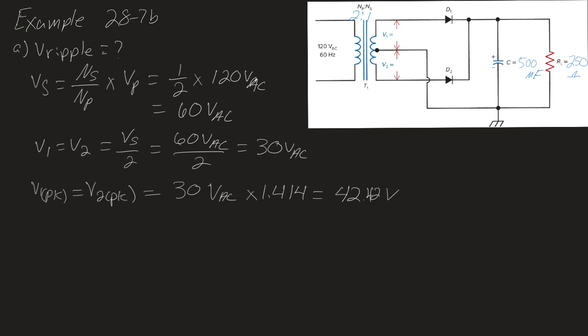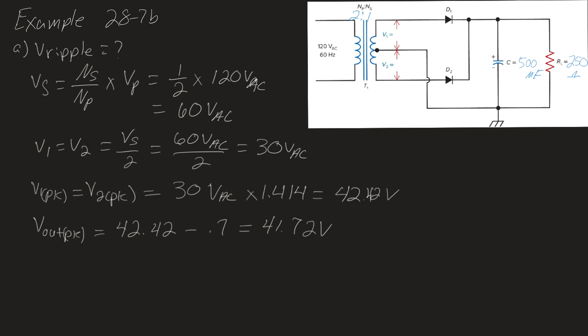So next, to calculate V out peak, we're going to take our peak voltage here and subtract the 0.7 volt drop across diode D1 or D2. And that gives us 41.72 volts.